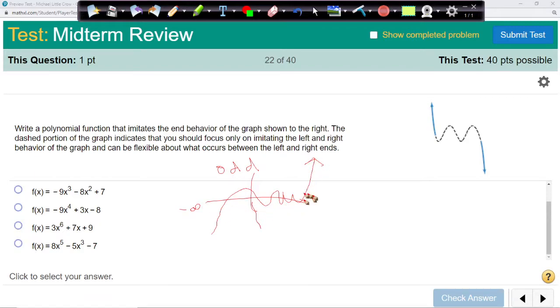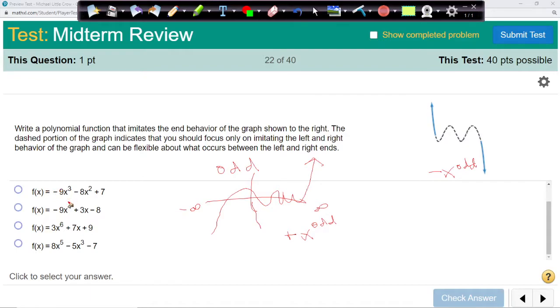This is your standard positive x to some odd power. If it's negative, it flips it, and that's what we got here. This is a negative x to some odd power. That's all that this is giving us.